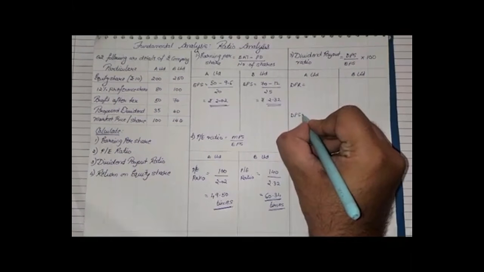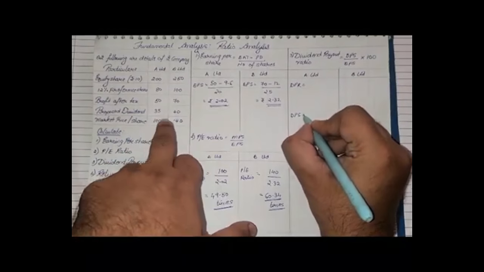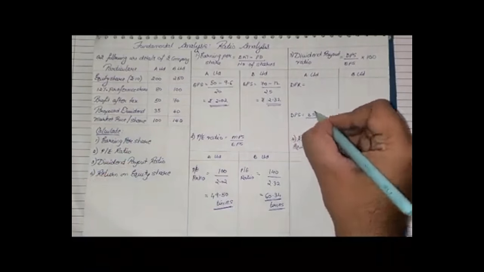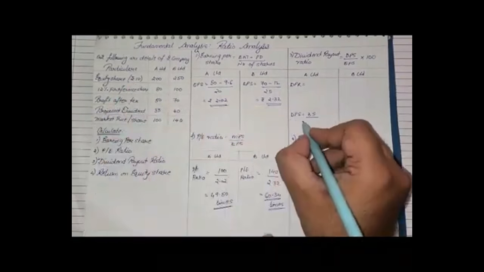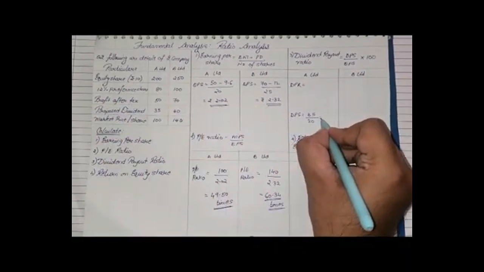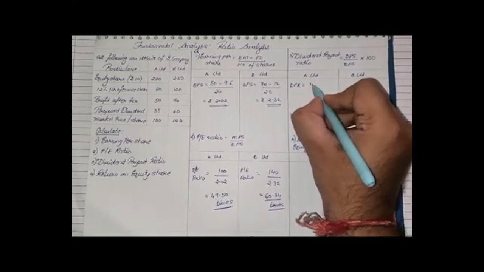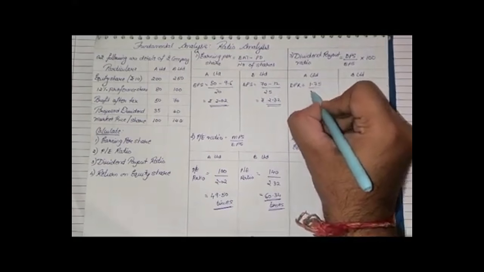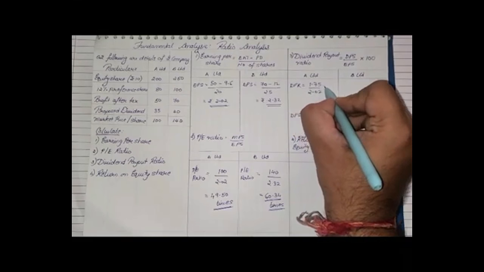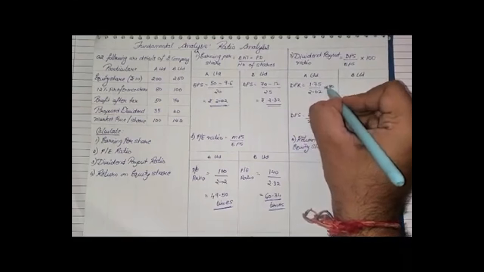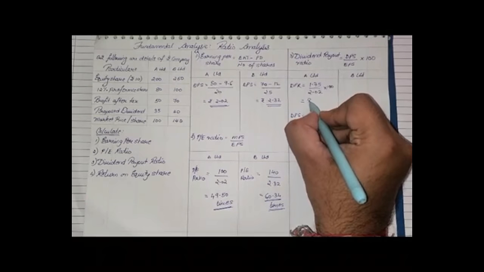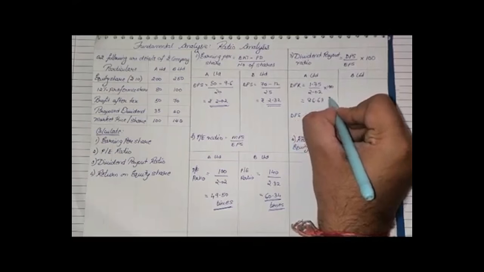So DPS is nothing but the proposed dividend, which is 35 upon the number of shares. 200 divided by 10 is 20. So that comes to 1.75. So now DPS is 1.75 upon EPS is 2.02 into 100. So that will come approximately 86.63%.